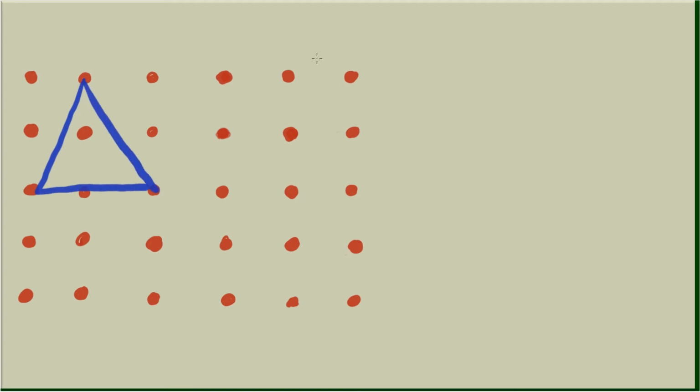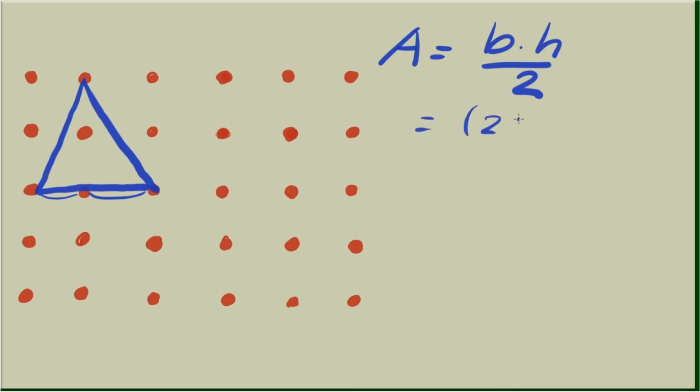Now in geometry, to calculate the area of a triangle, we use this formula, base times height over 2. You can count the base here is 2 units. So we can use this formula: base is 2 units multiplied by the height.